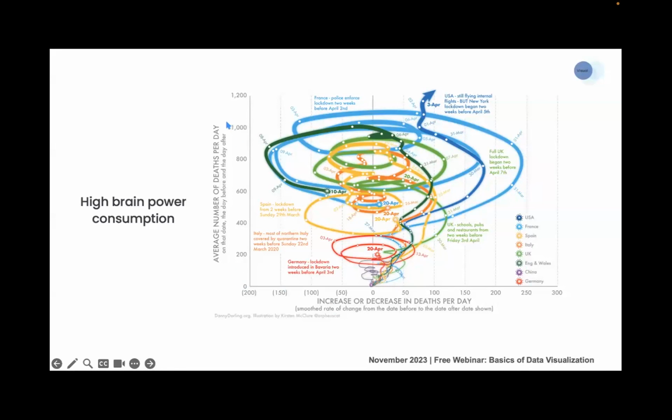This chart is about deaths per day per country, but it looks like some kind of tornado. Although it is very engaging, there are a few issues. What are you going to do when it comes to taking action? And we're going to, of course, cover a good example as well. I just wanted to share a not-so-good example first.